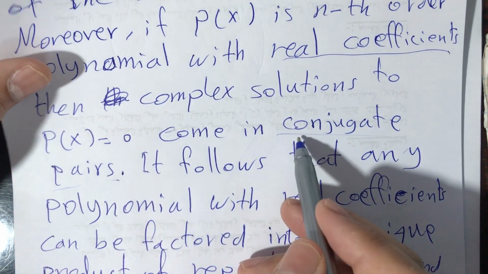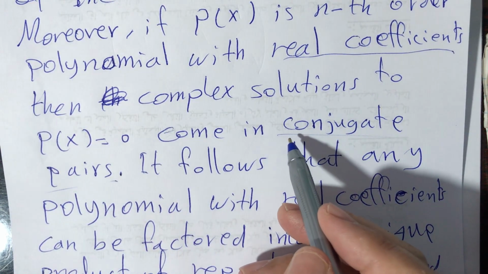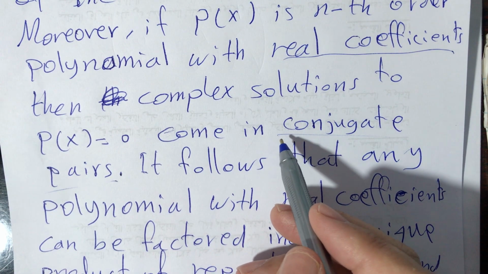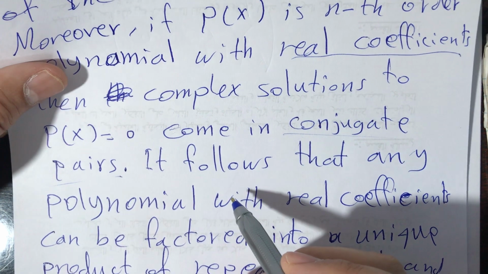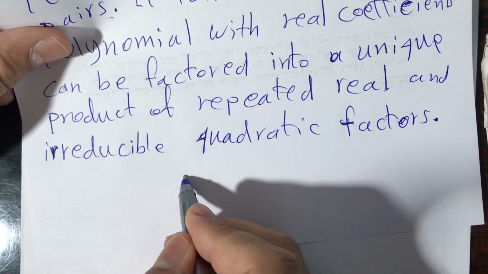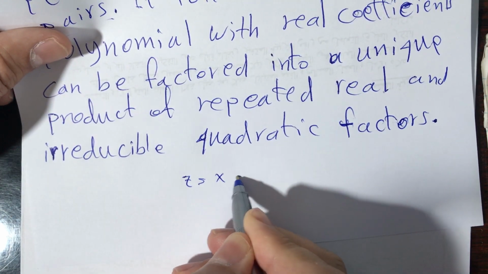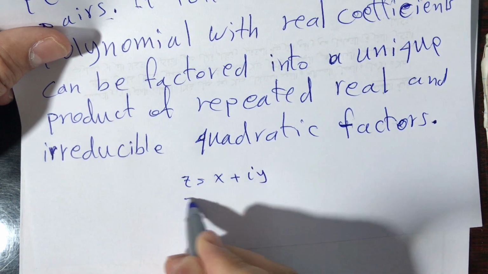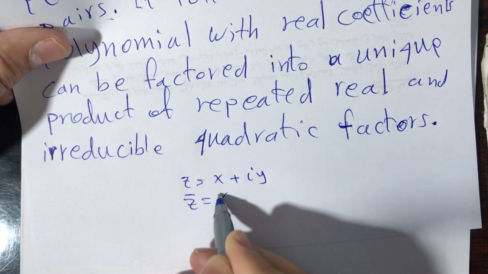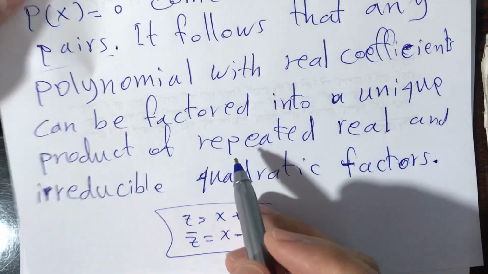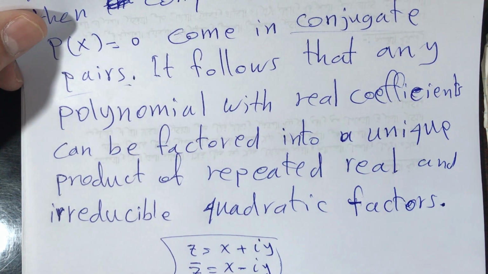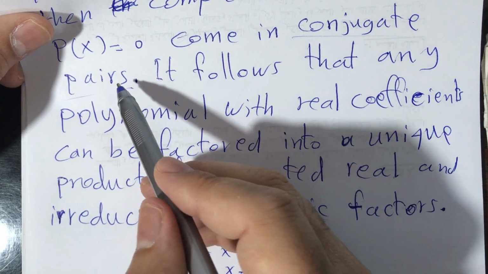This is conjugate pairs. You know, if z is equal to x plus iy, then z conjugate is equal to x minus iy. They come in conjugate pairs.